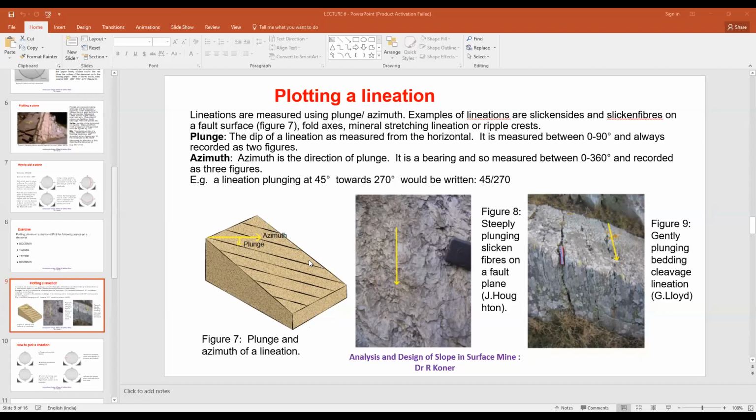A plane in a stereonet is basically a line in the stereonet that we call a great circle.